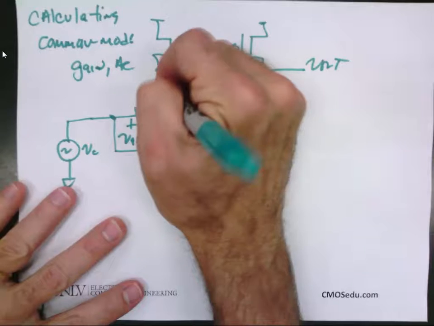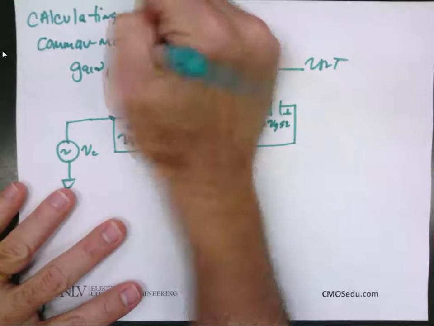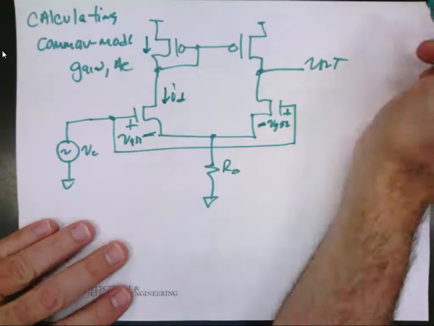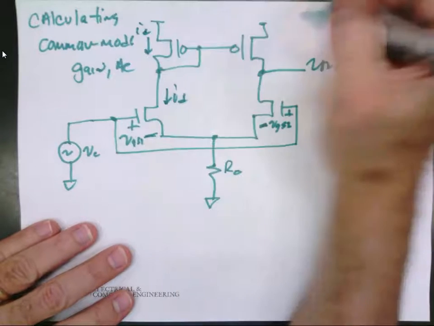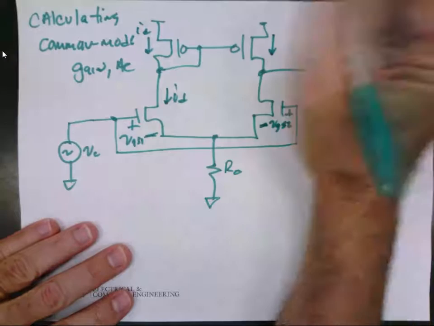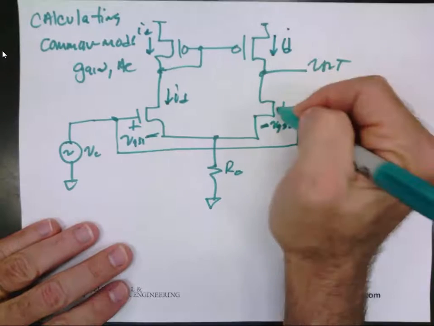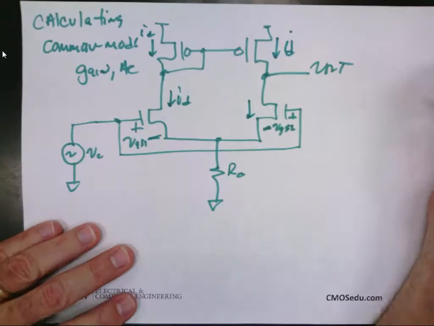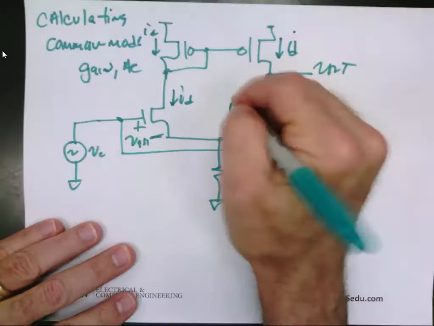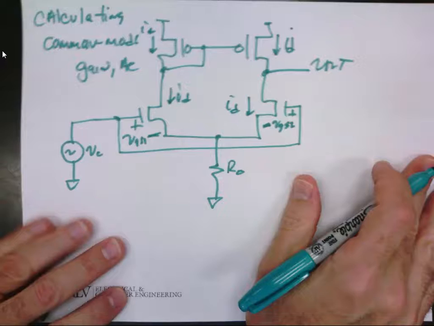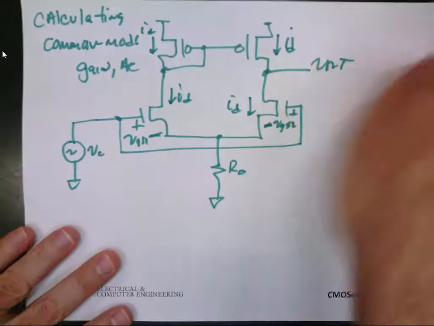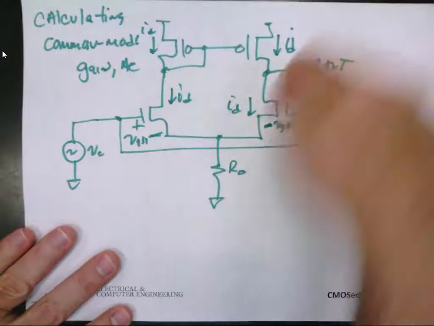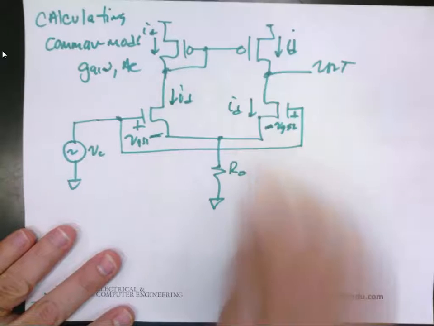If I call this current ID, what's the current in here? ID. What's the current in here? ID. Wait, but now this circuit and this circuit are mirrored. They're exactly the same. What's the current in there? ID. Okay, we'll come back to this in a minute, but now I no longer have 2 ID going into the node. I have ID going in and ID going out.